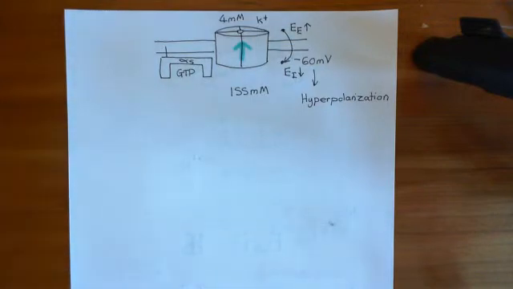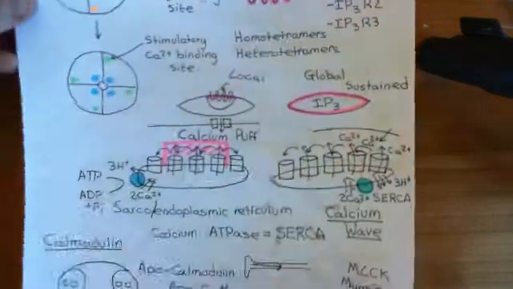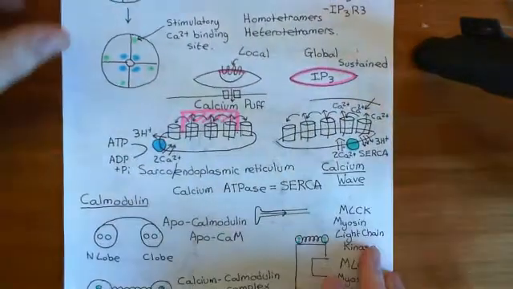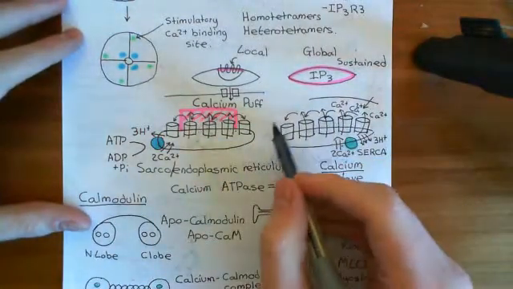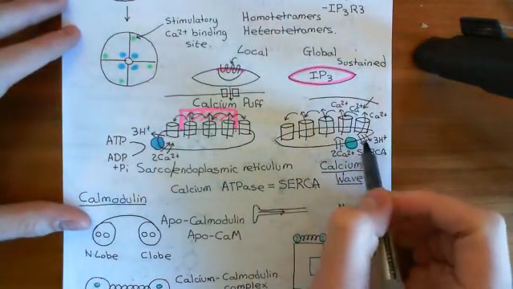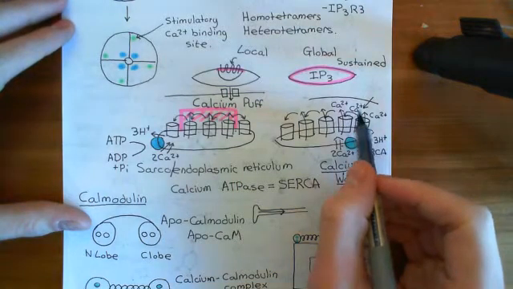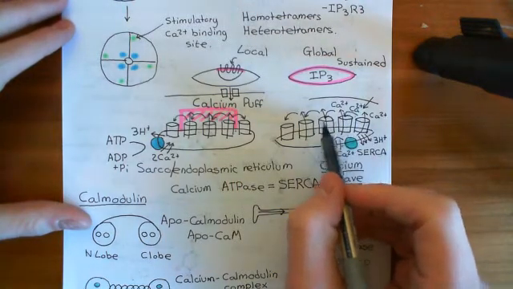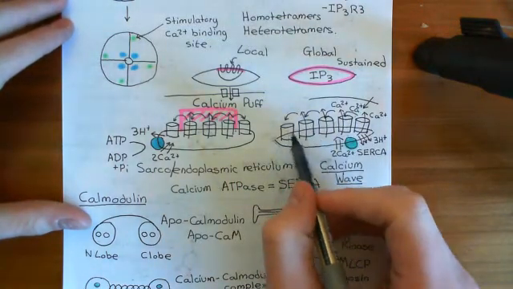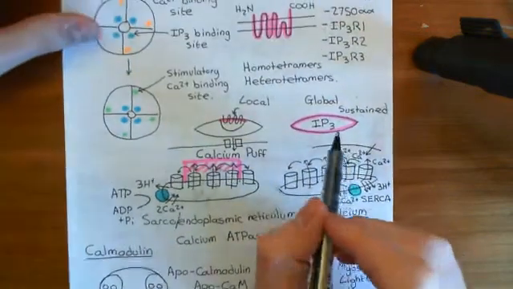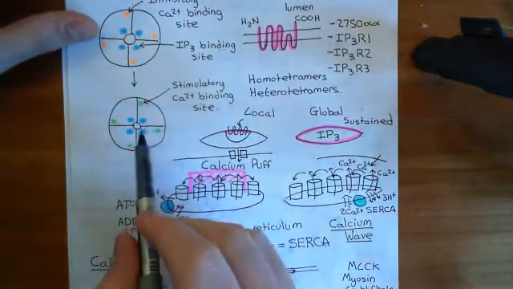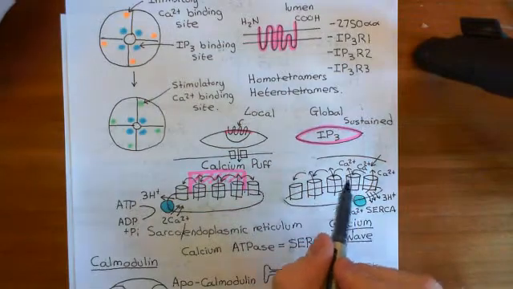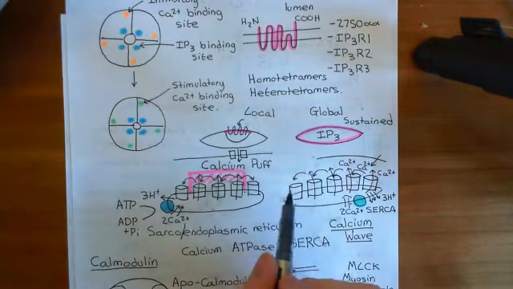Okay, but if you remember, and I'll get the paper back if you can't, what we have generally in smooth muscle cells is these calcium waves, okay? And the IP3 didn't actually activate the IP3 receptors to open itself. Instead, it changed the conformation of the IP3 receptors so that they could now be stimulated to open by calcium.